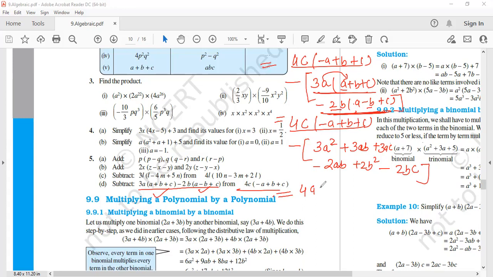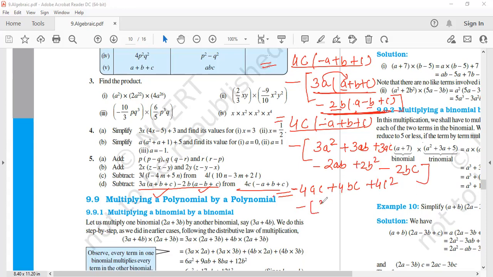Okay, so now we need to solve this one. So 4 times ac with their negative sign because of this sign, and 4 bc because b and c is there, and 4c square. Now this minus sign, we have to change all these numbers.